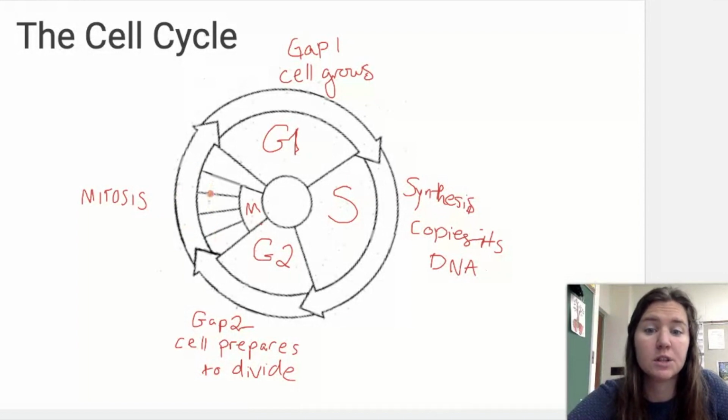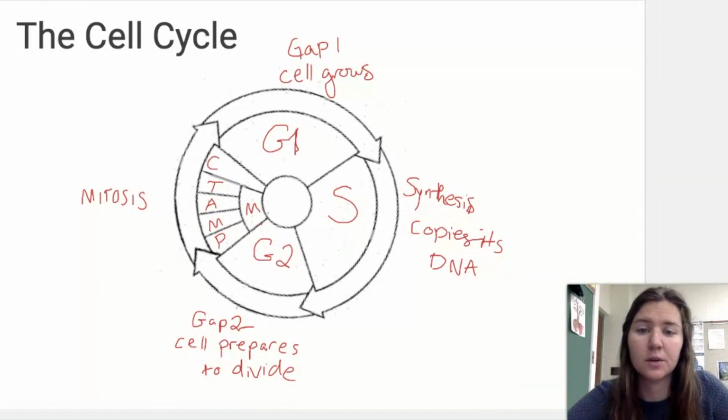So in here, we're just going to put the letter abbreviation, and then we'll talk about each one later. So it goes prophase, metaphase, anaphase, telophase. And at the end of it, what happens is the cell actually splits into 2, and that is called cytokinesis. So we'll just put a C there.